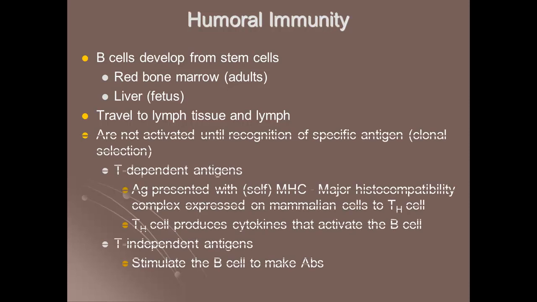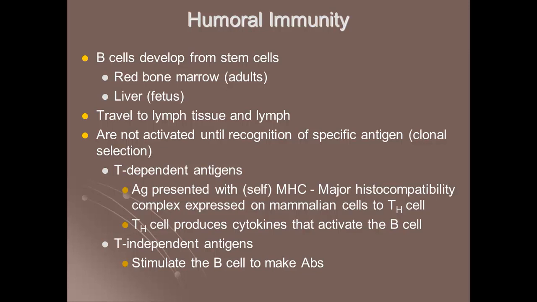B cells are not activated until recognition of specific antigens. So a mature B cell has to recognize epitopes. This is called clonal selection. There are two types of antigens that B cells recognize. The T-dependent antigens, in which the antigen is presented with the self-MHC.